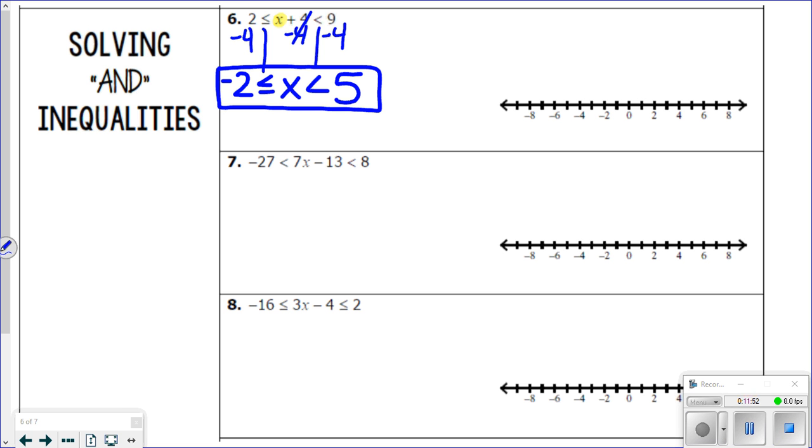So if we were to graph this, we would put a closed circle at -2 because we have the or equal to line. -2 is included. An open circle at 5, and we're going to shade in the middle to connect. Conjunction is connected. And we're done.